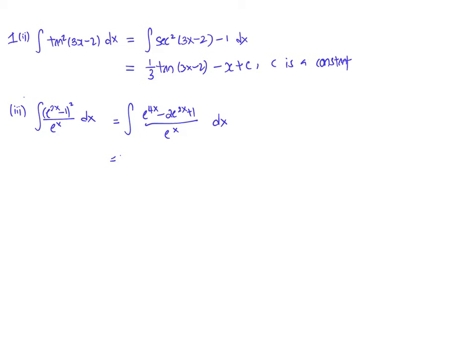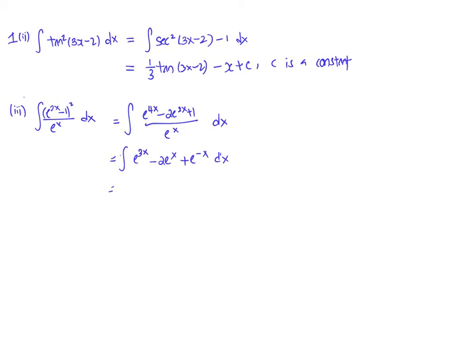From here we are unable to integrate the numerator and the denominator separately, please take note. There's no such rule in integration for now. So we need to simplify the expression first, and that will give me e^(3x) − 2e^x + e^(−x) dx.